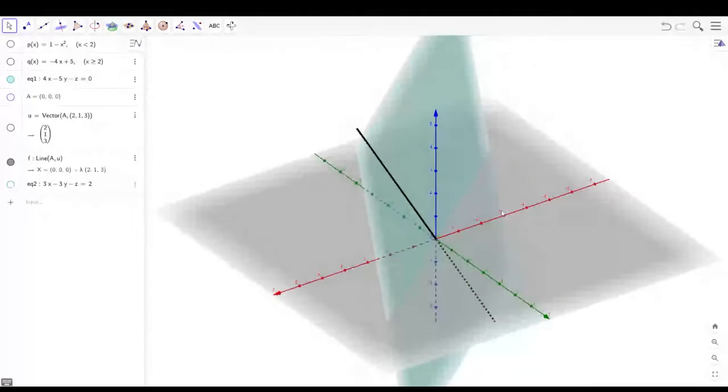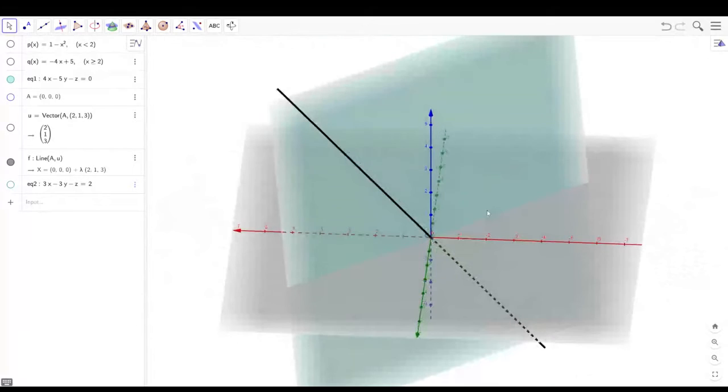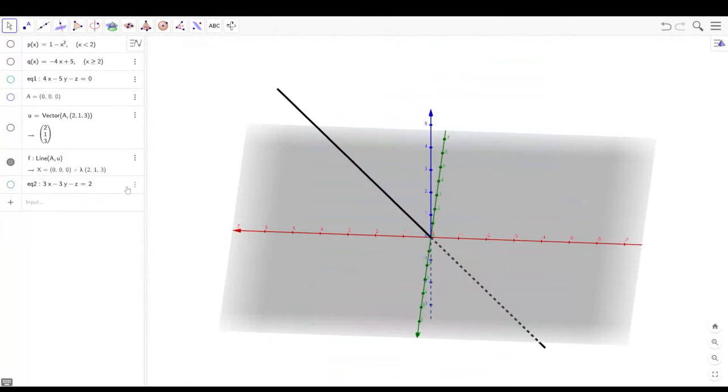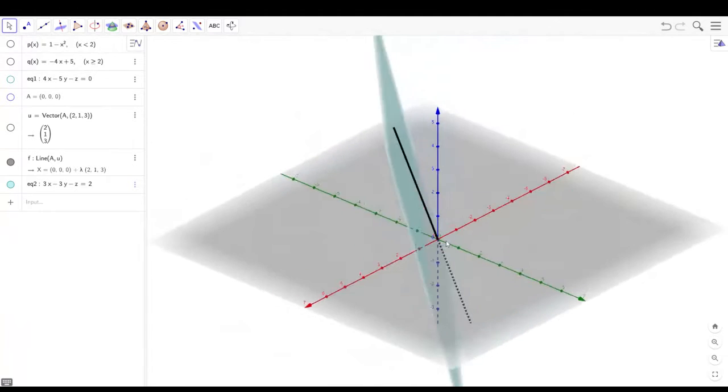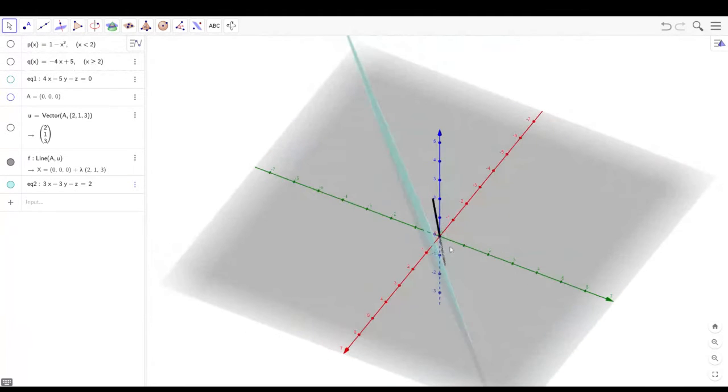So just from a picture, we can kind of say, well, yeah, it looks like it's true. So that's fine. And then for the other plane, in the second part of this question, you can see, well, it's not contained in it, but it's definitely parallel. Okay, so let's work through that question and we can have a look at how to solve it.